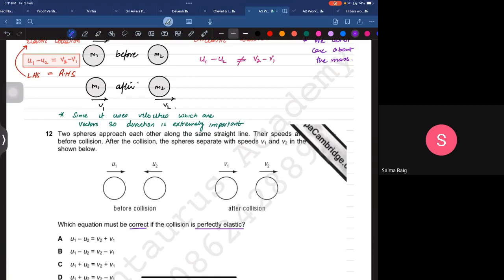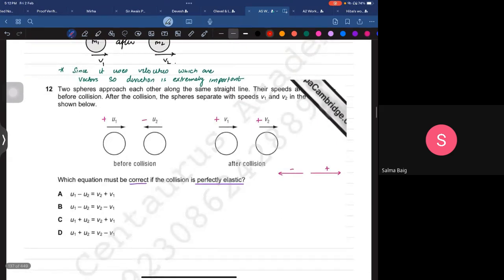First, you need to take the directions. Let's suppose I take positive on this side and negative on this side, so this will be positive, this negative, this positive, this positive. It's really up to you. If it's elastic, then u1 minus u2 should be equal to v2 minus v1. This is the equation we have to remember.